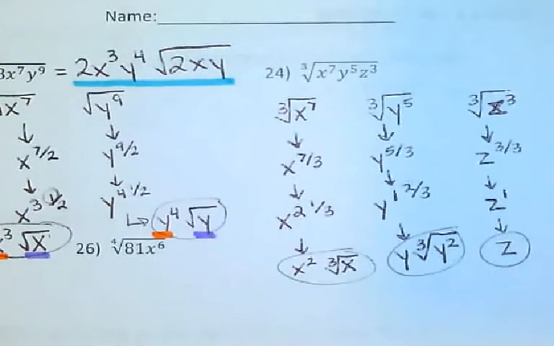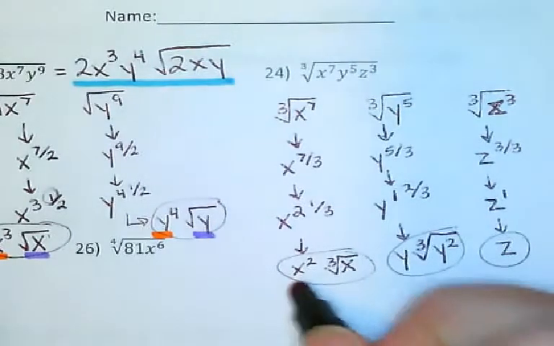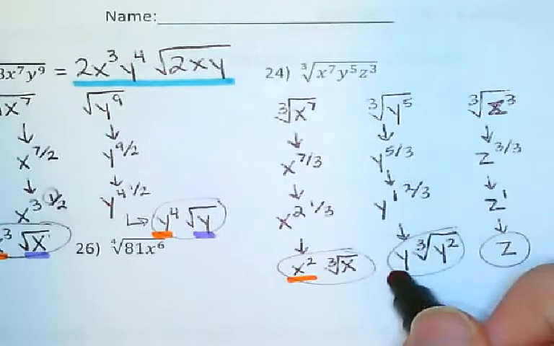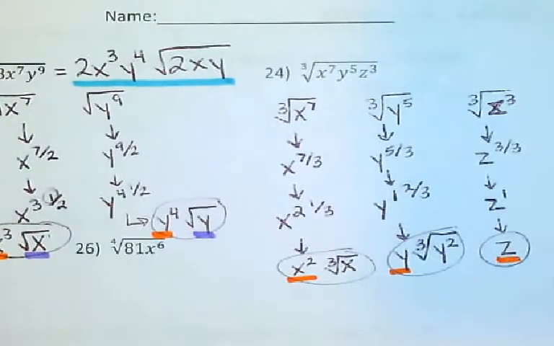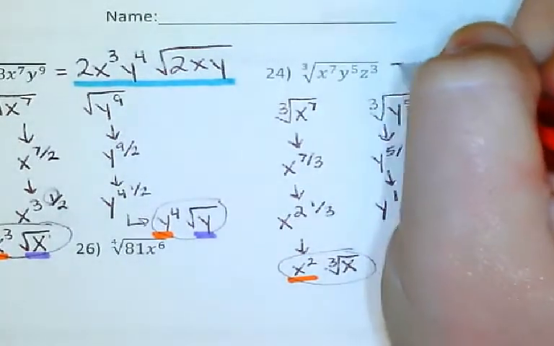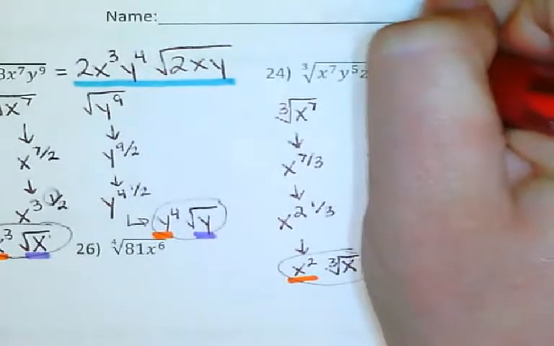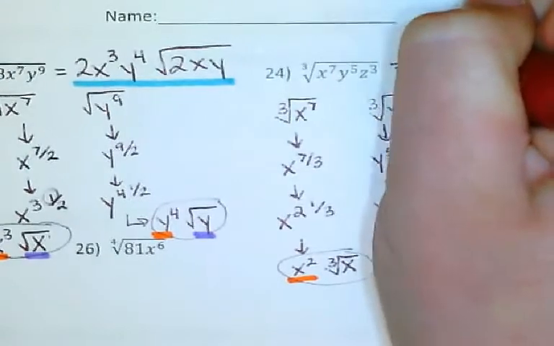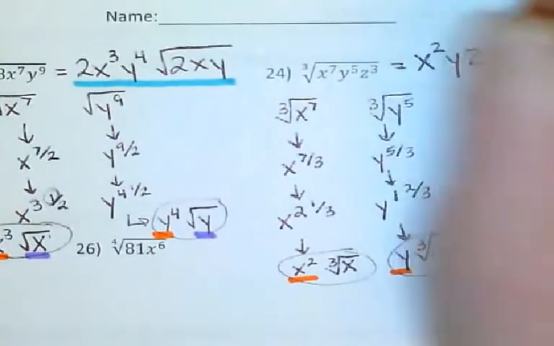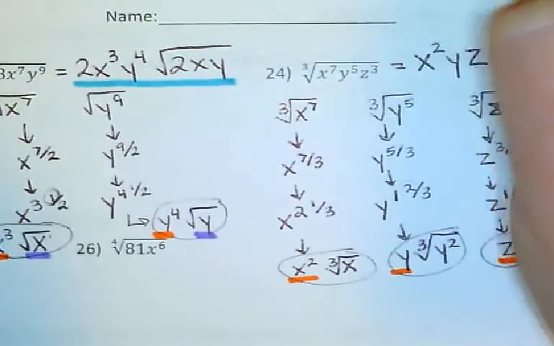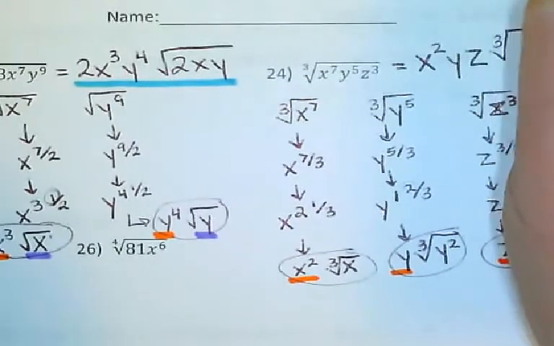Alright, so now when we put all this together, we're going to start with the stuff that is on the outside of a radical. So we have this x squared, we have this y, and we have this z. Alright, so this is going to be x squared y z, and then remember everything that's left over is in a cubed root.